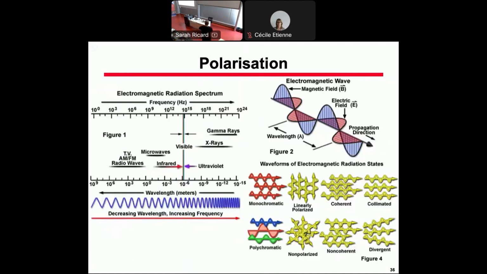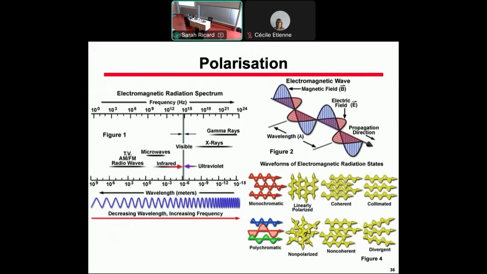Another phenomenon which we can use is polarization. So light is... we can use polarized microscopy, which uses the fact that you can linearly polarize light, meaning that the electric vector oscillates in one direction.